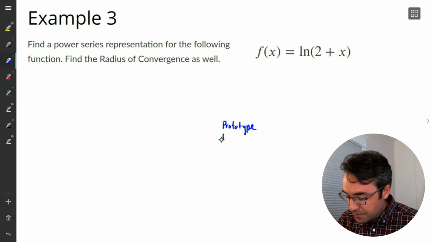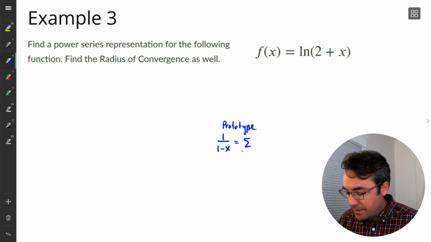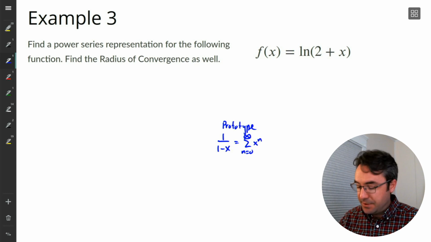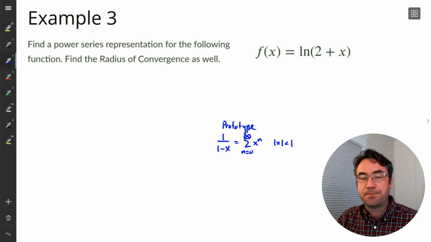And this is for the function 1 over 1 minus x. And we know we can write that as the sum from n equals 0 to infinity of x to the power n. And this works when the absolute value of x is less than 1. All right, so that's the series we're always trying to refer back to.